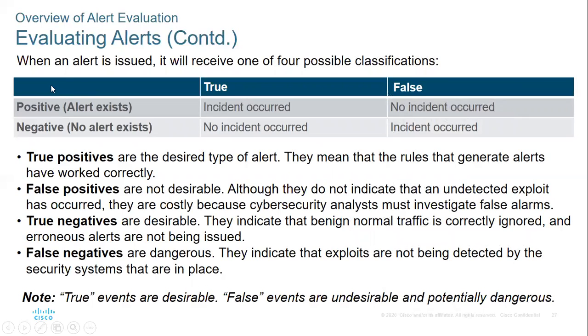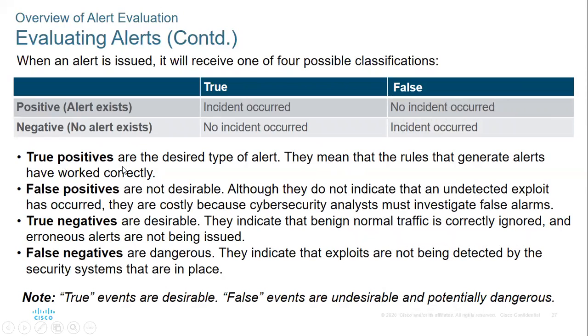If you see here, if it's positive, it means the alert exists. If it's a true positive, it means that the incident occurred. If it's a false positive, it means that no incident occurred. True negative, no incident occurred. And then false negative, here we have an incident which occurred, so it went undetected.